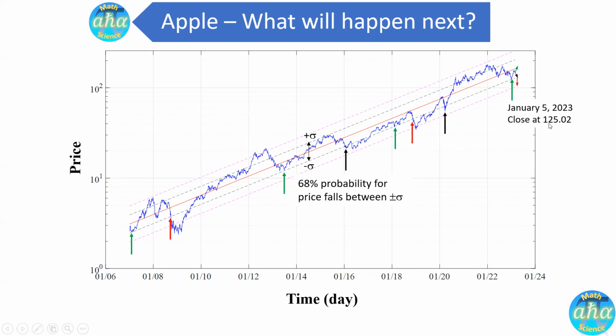If it falls below 125, then we have to be careful because it could fall even towards the 2 sigma trend line, and that's going to represent a very good opportunity for you, if you want to buy more stocks, and that's going to be a very attractive price, falling around the 100 level.